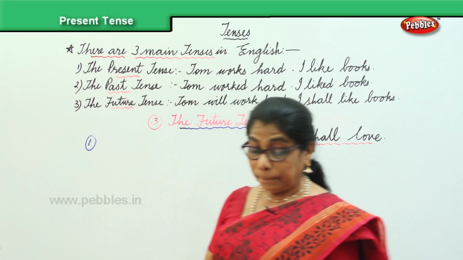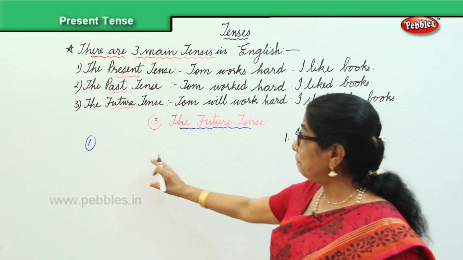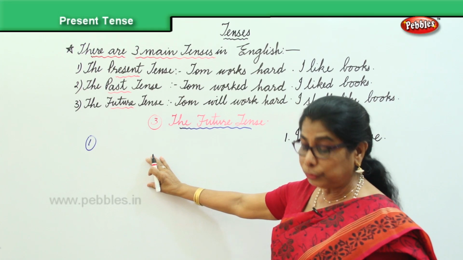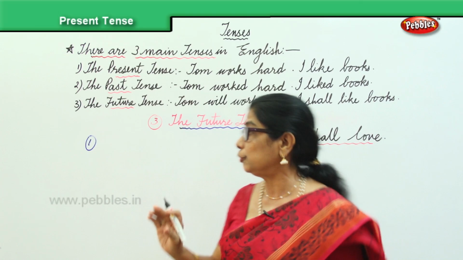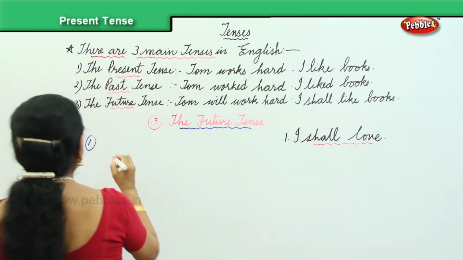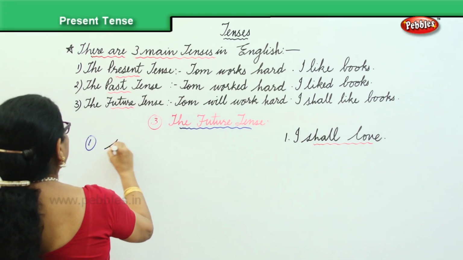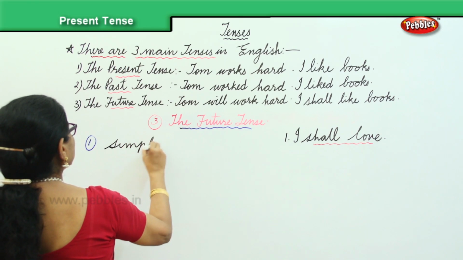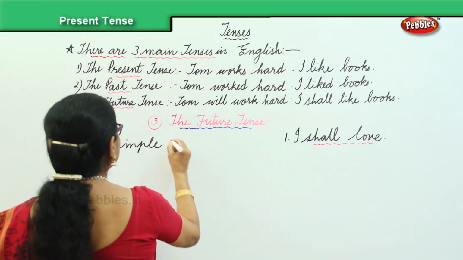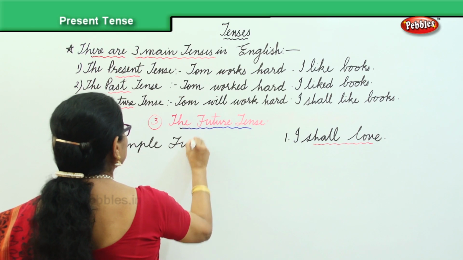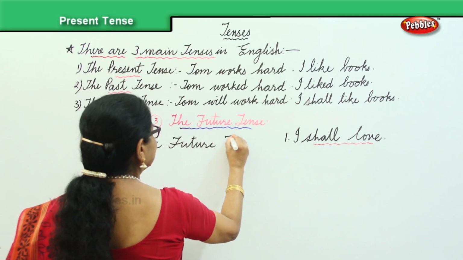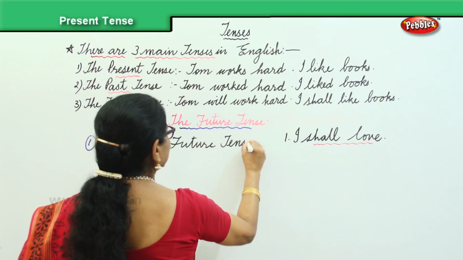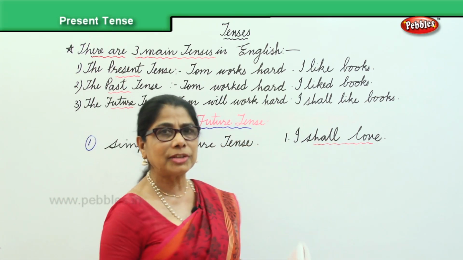And so we say that is a simple future tense. Shall love is simple future tense. So the first type is simple future tense. That's the first step. I shall love.